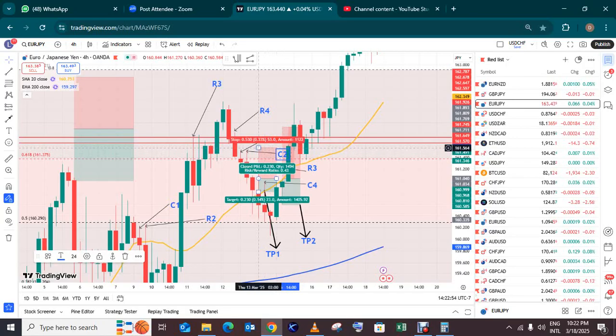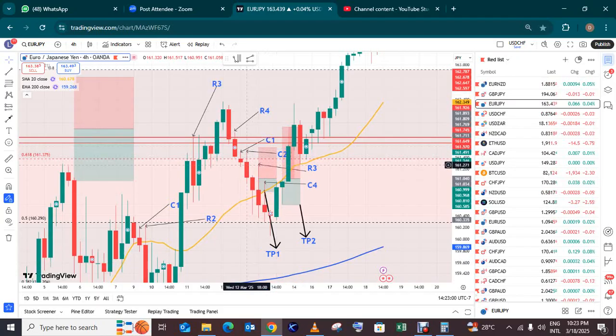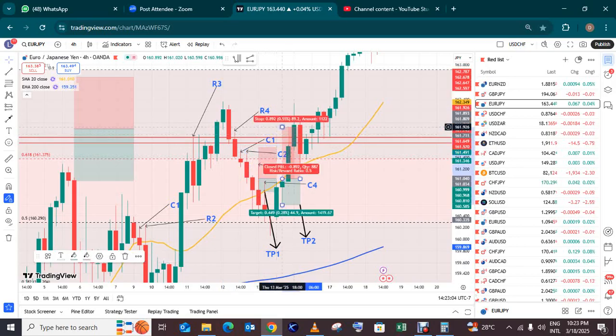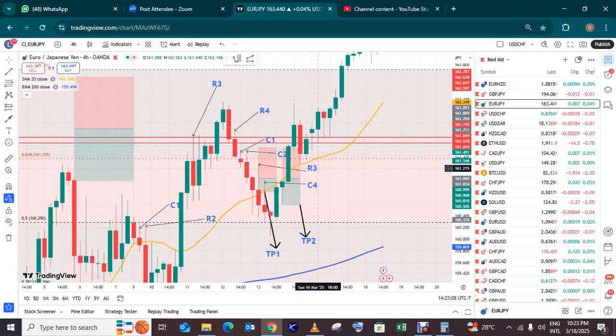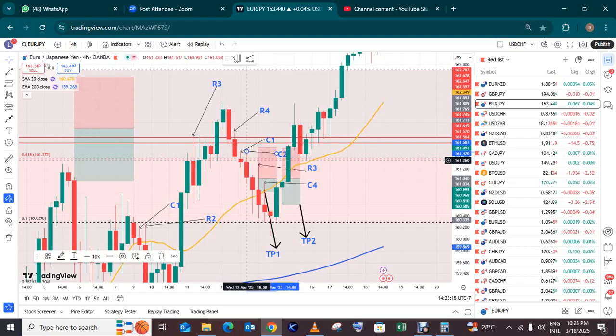So you put your stop loss on top of the wick of the C2 candlestick formation, this one. You put your stop loss here. That goes for the TP2 as well. Your stop loss will be on top of this particular one, C2, the second confirmation that allowed us to see a signal to push the market to the downside.